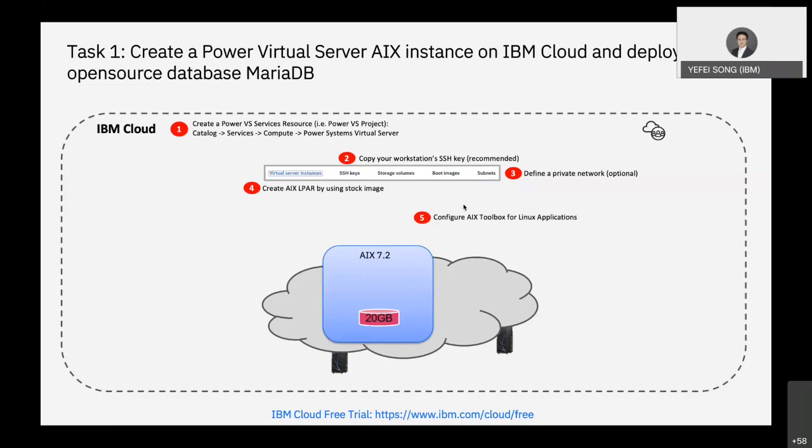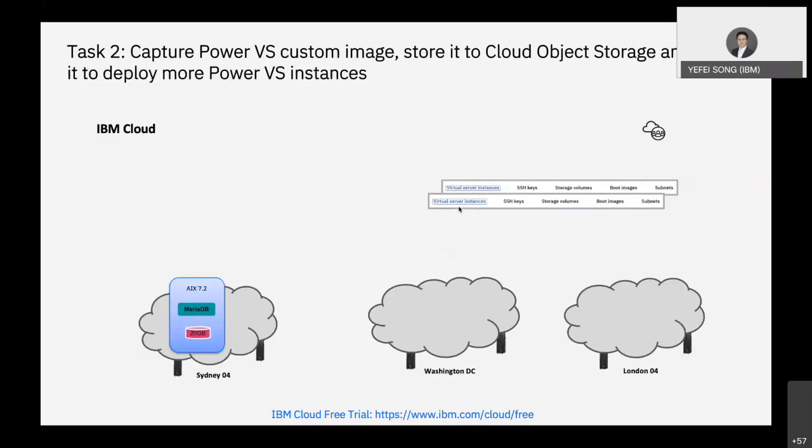This is really a great tool that consists of a lot of very popular open source tools that you can find on Linux, and IBM has done the work for you to port them over to AIX. So you can even use YUM to install all those packages just like you do on Linux. In this case, we will also install MariaDB from this toolbox. Okay, let me show you the actual work.